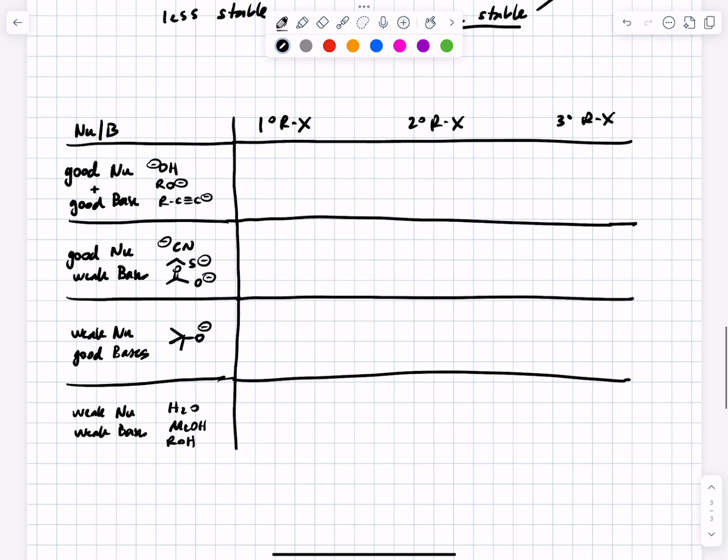Now, for a primary alkyl halide with a good nucleophile that's a good base, we said that SN2 is fast, but E2 is slow. Therefore, SN2 dominates. And so you will see SN2 only for a primary alkyl halide with something that's both a good nucleophile and a good base. You just don't need to worry about the competing E2 reaction there.